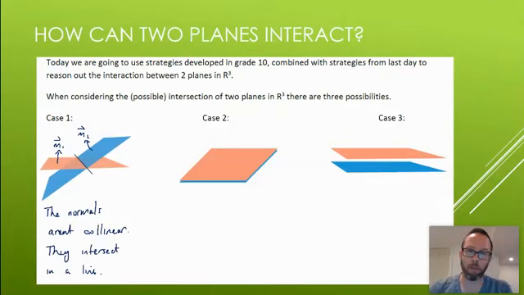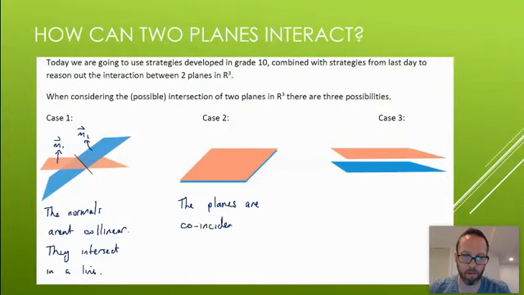The other two cases are a bit less interesting. In the second case, the two planes are identical, or we could say the planes are coincident. And we've been saying there are infinitely many solutions. They intersect everywhere.